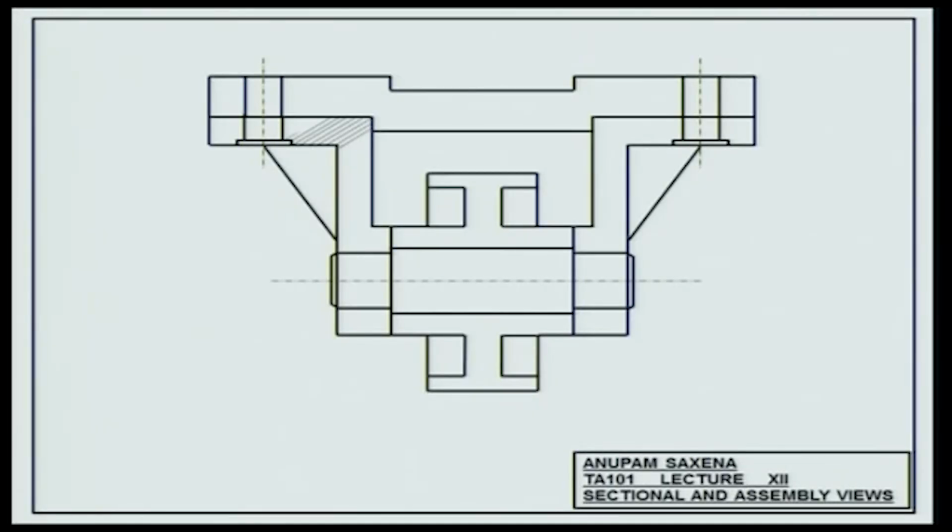This is where things start getting beautiful. Wait and watch. Hatching lines or hash lines at 45 degrees. The distance between two hashed lines is almost uniform. The brackets are sectioned differently.